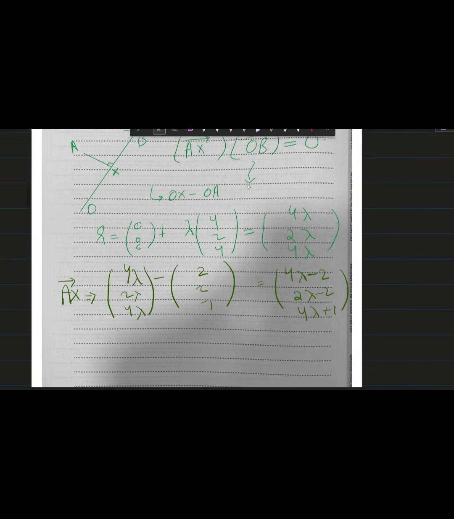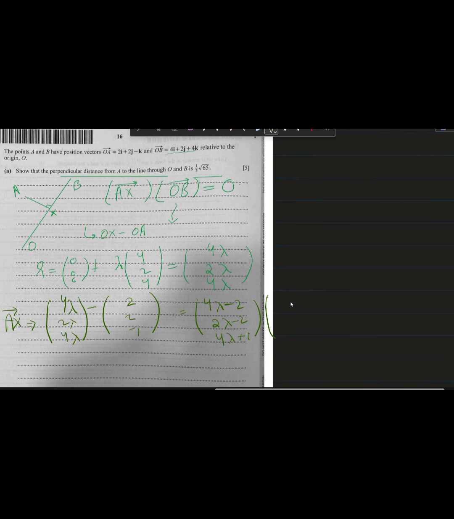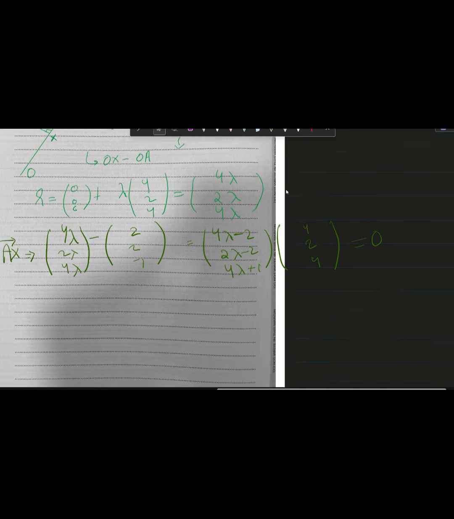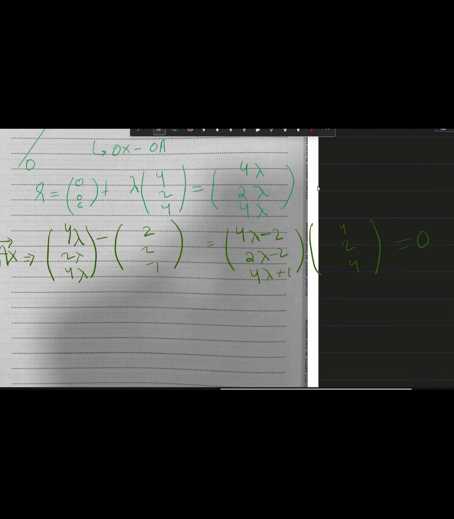So the scalar product of this and OB, 4 2 4, is equal to 0. So we'll multiply and get the scalar product. So 4 times (4 lambda minus 2) plus 2 times (2 lambda minus 2) plus 4 times (4 lambda plus 1) is equal to 0.